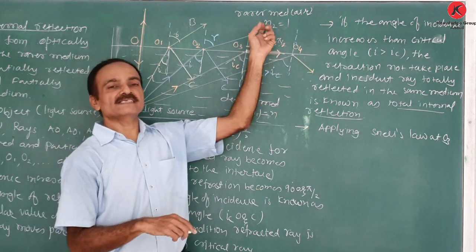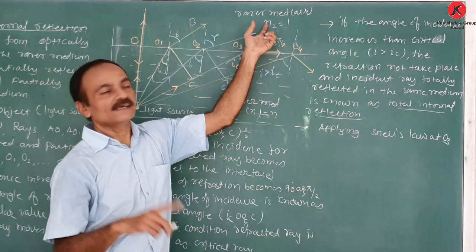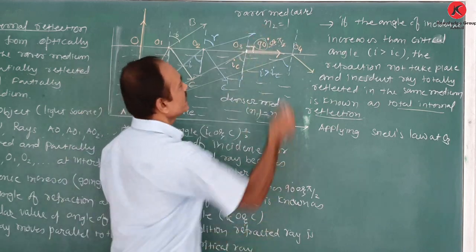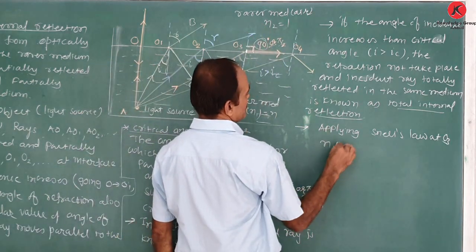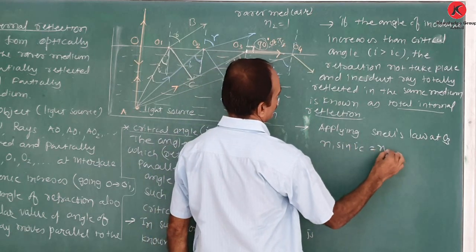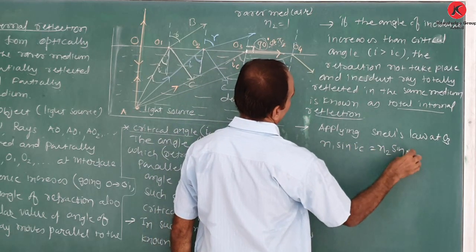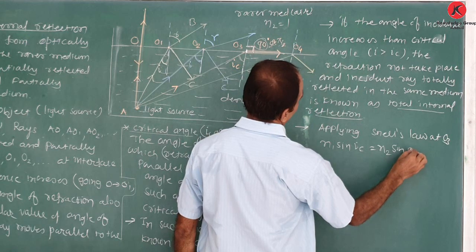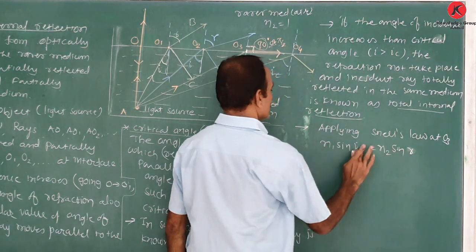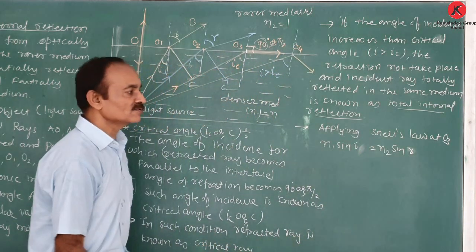And the medium in which the angle of refraction is taken has the refractive index N2. Therefore, here N1 sine IC is equal to N2 sine 90. First we write it in that form: N1 sine I is equal to N2 sine R.